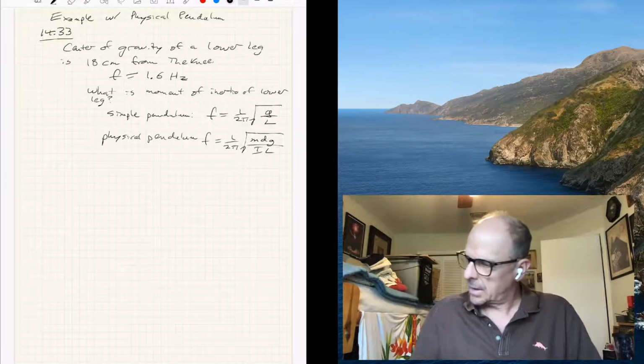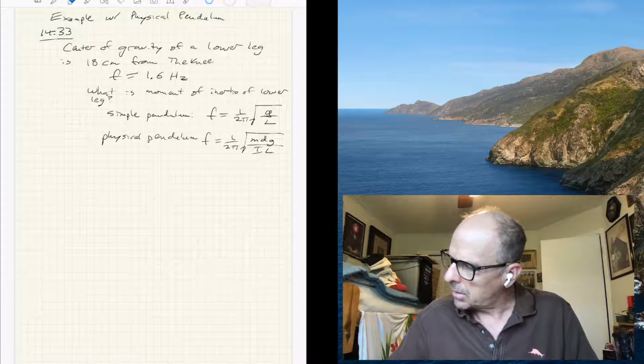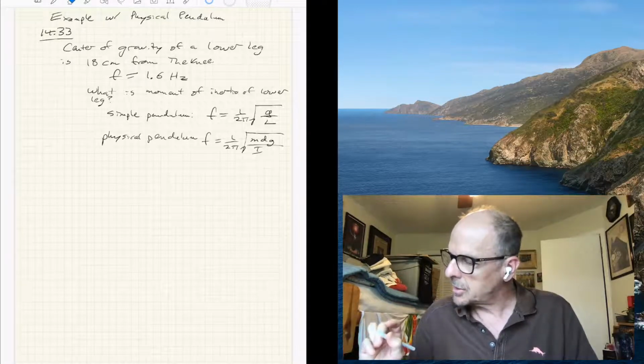There is no L in a physical pendulum. mdg over I.